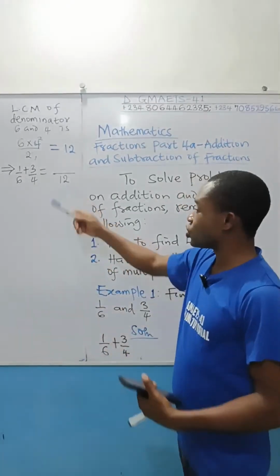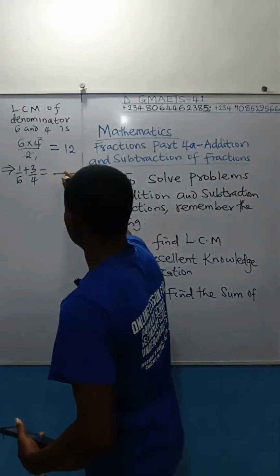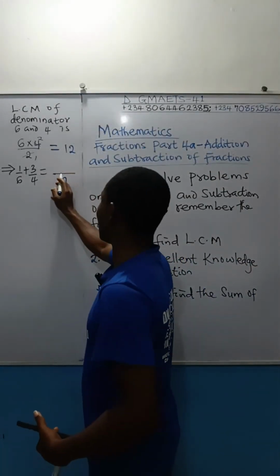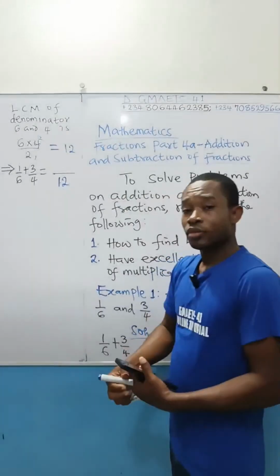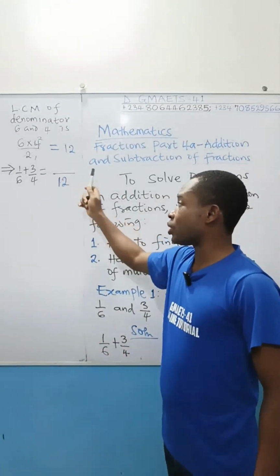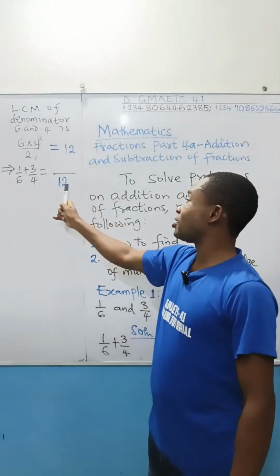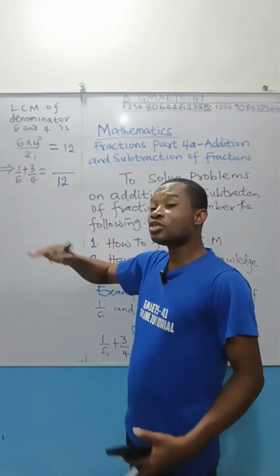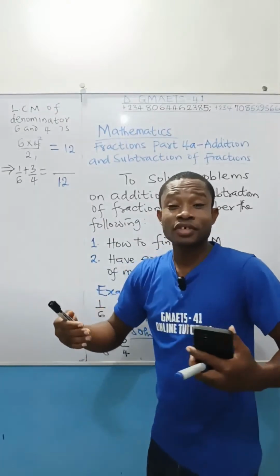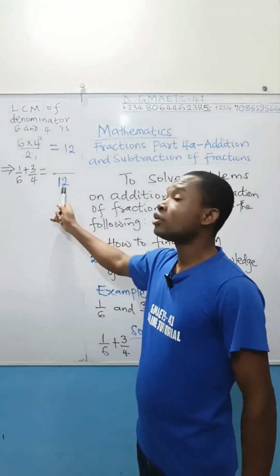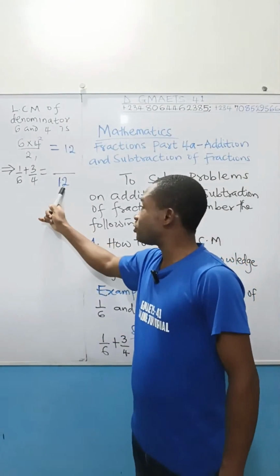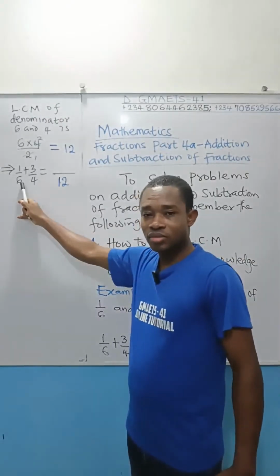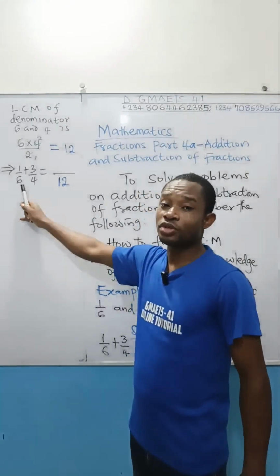The LCM, which is 12, we'll write it below and then draw a division line this way, and then you start. This LCM, which is 12, there are two different approaches that would still give you the same result if you wish to. 12 divided by 6 is the general thing many people do.